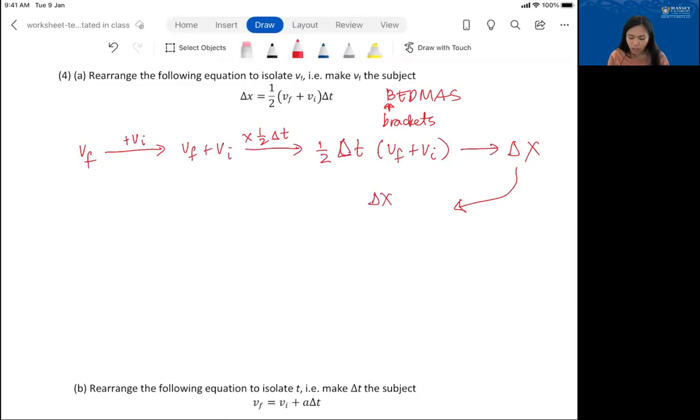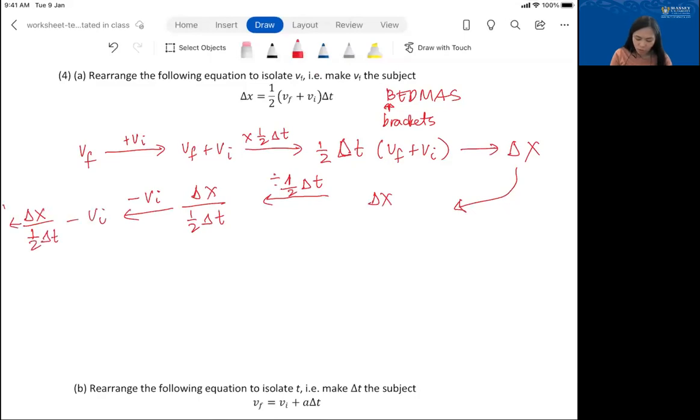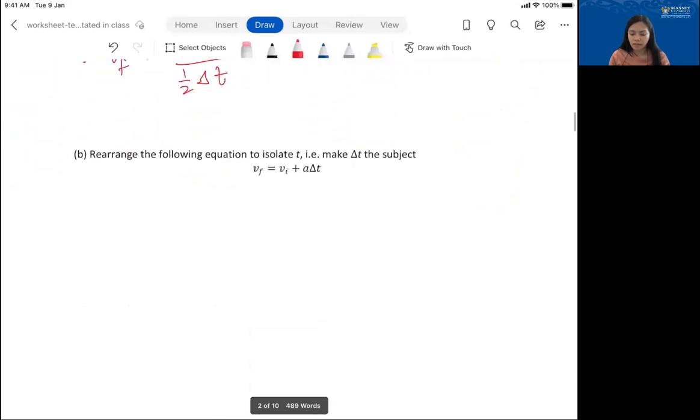Starting from delta X, you undo the last thing that you did, which is times 1/2 delta T. That means you have to divide by 1/2 delta T, divide delta X by 1/2 delta T. So you have delta X divided by 1/2 delta T, right? And then undo the plus VI by doing a minus VI. Then you have delta X divided by 1/2 delta T minus VI, and that gives you VF. Therefore, VF is equal to delta X over 1/2 delta T minus VI. Okay.